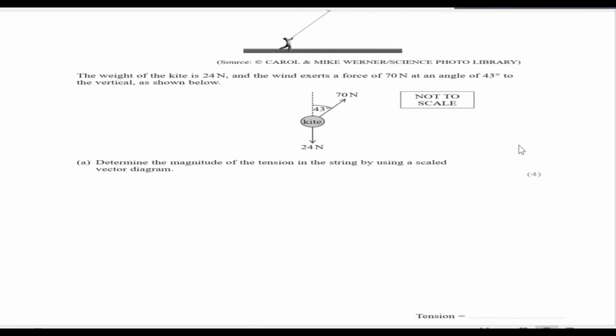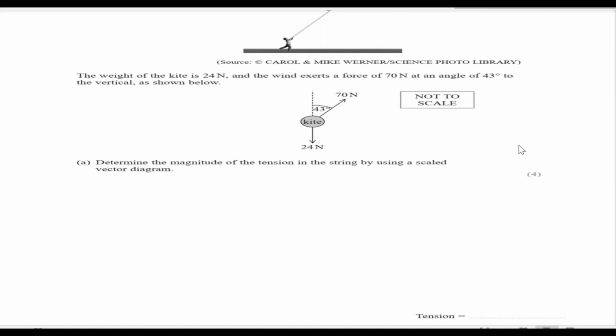This is the diagram. Weight of the kite is 24 Newton and 70 Newton is the force exerted by the wind.